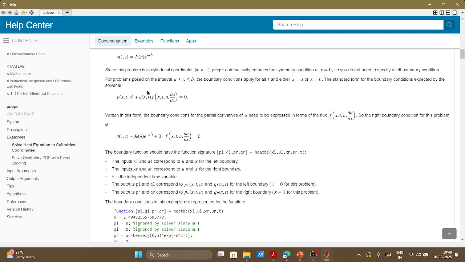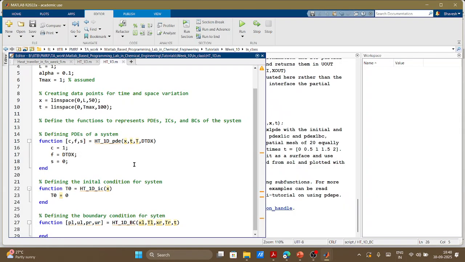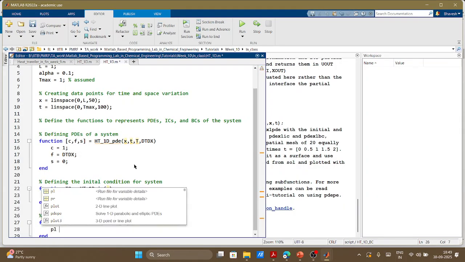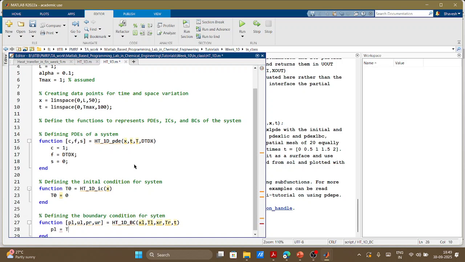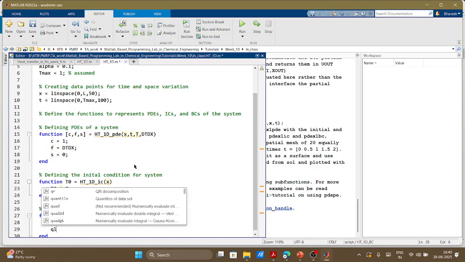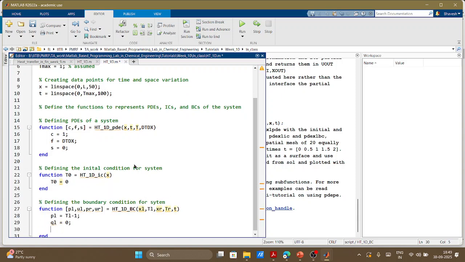My pL will be whatever value I have at the left condition, uL, the temperature at left, minus 1 equal to 0. So I can write TL equal to 1, TL minus 1 equal to 0. So my pL becomes TL minus 1, and this should be 0. Your qL is already 0.